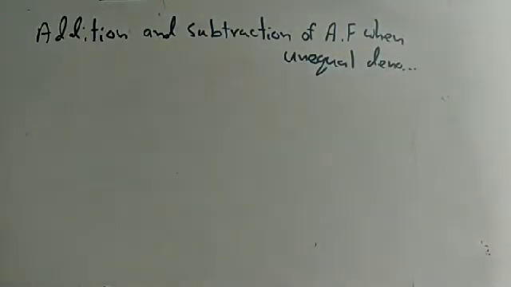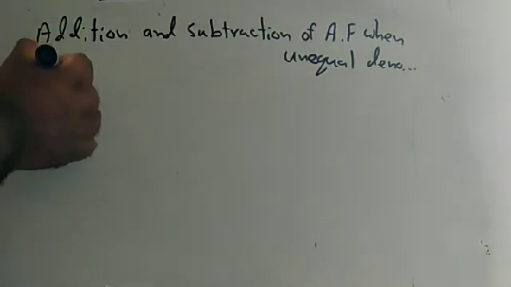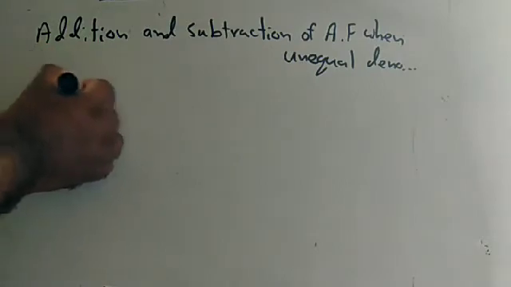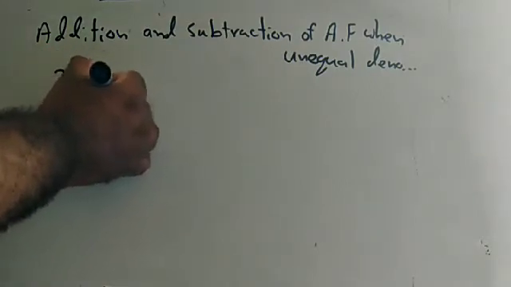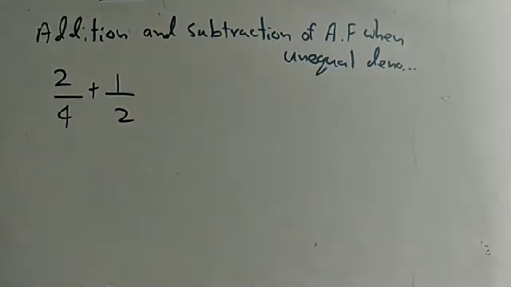When unequal denominators, for example, 2/4 + 1/2. Here, can you see? This is unequal denominators. Then how can we simplify this?